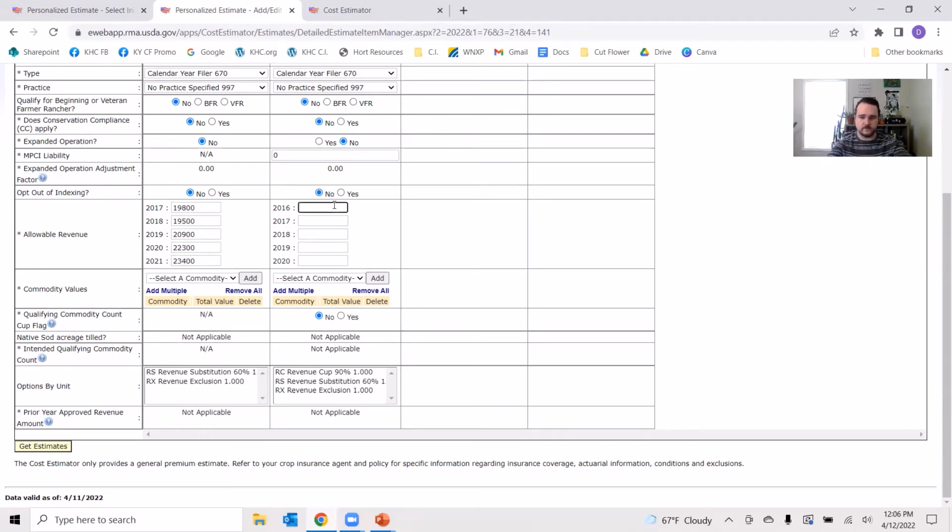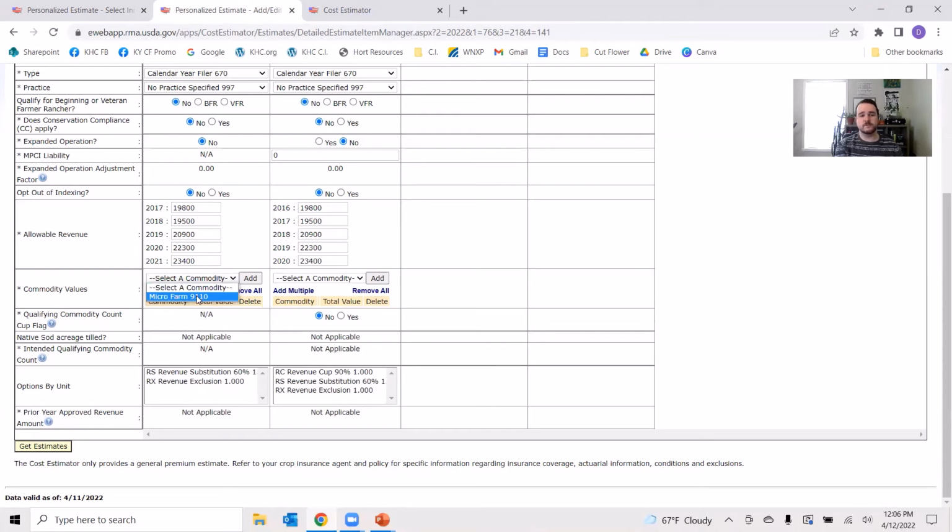Okay, and the same for the whole farm. We'll just use the same numbers. So this farm is one that's had a little growth over the past few years, maybe due to price change or price increase. But once that's done, we select our commodities.